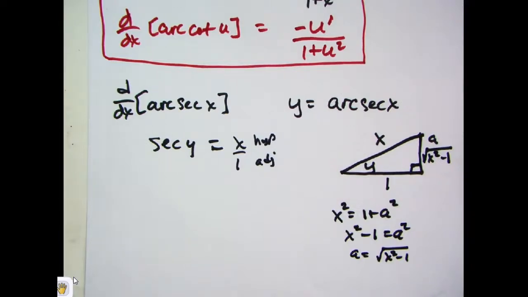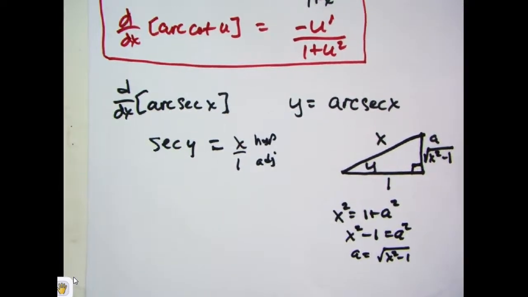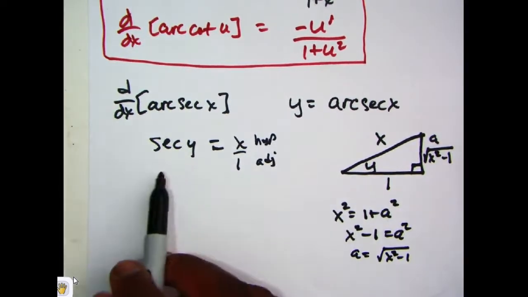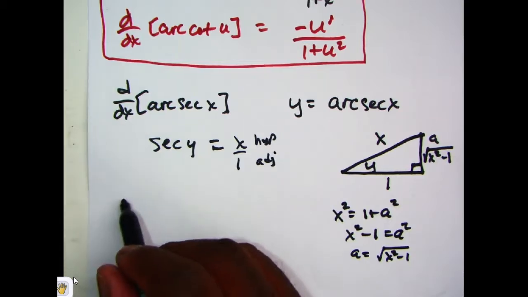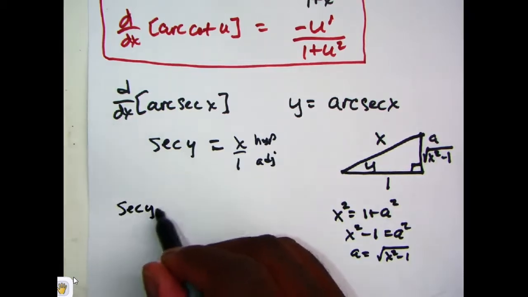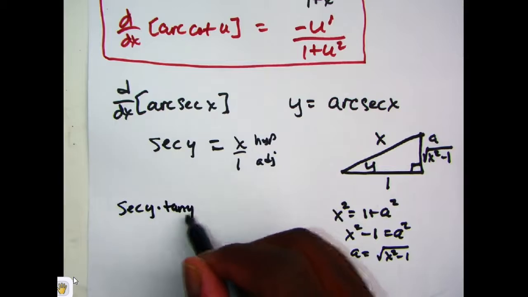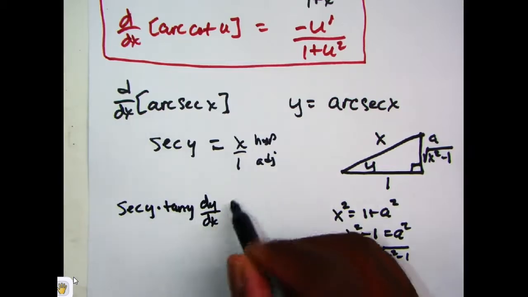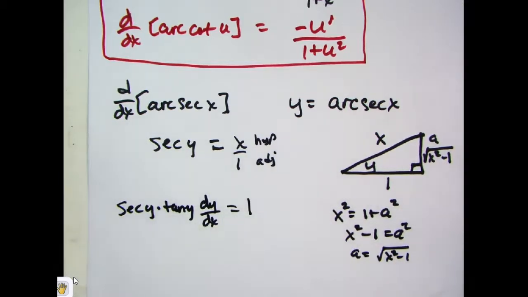Okay, so now let's go ahead and take our derivative of both sides. And so the derivative of secant of y is secant y times tangent y dy dx, and that's equal to 1.